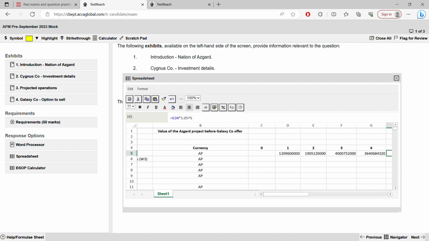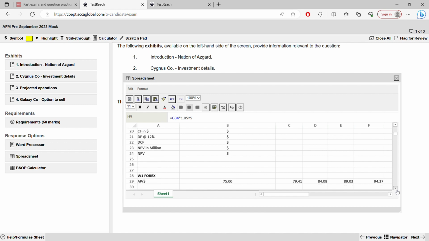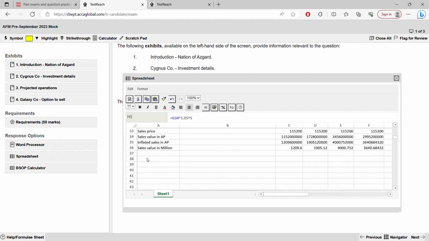Now, production cost. Production cost is the same as sales, only the inflation and amounts are different. Working 3. Cost. I'll just write cost.